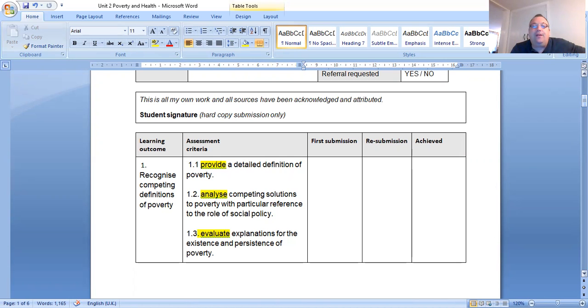1.2, analyze, that is to break down into smaller parts, to go into detail, the competing solutions to poverty with particular reference to the role of social policy. As we will see when we get to the task, I'm asking you to do a timeline. And in that timeline, I will expect 3, if you like, time arrows.